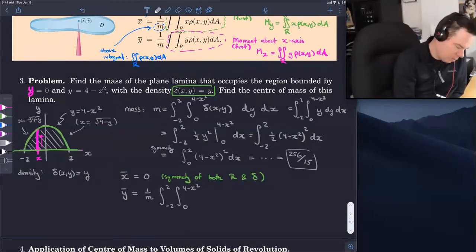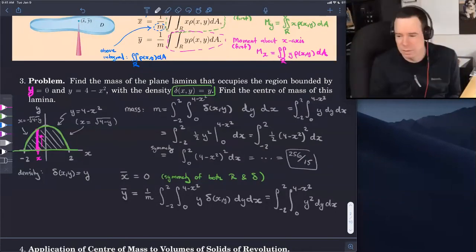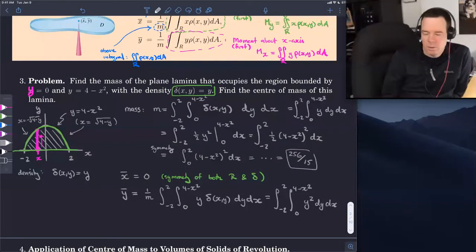Everything's pretty much the same as above, except now it's y times the density function of xy dy dx. Or in other words, the integral from -2 to 2, 0 to 4 minus x squared, y squared dy dx, because the density function is y, and we multiply that by y as our new integrand.